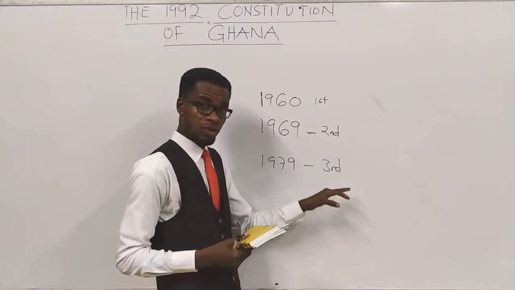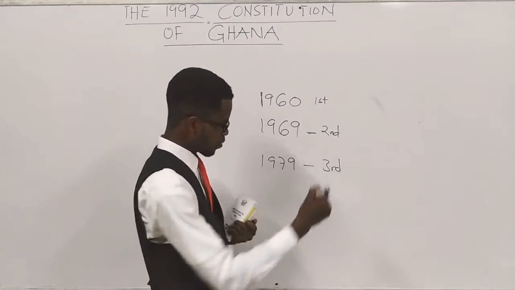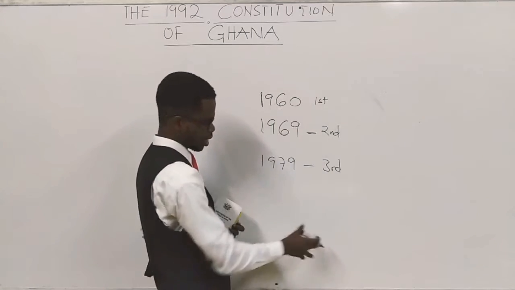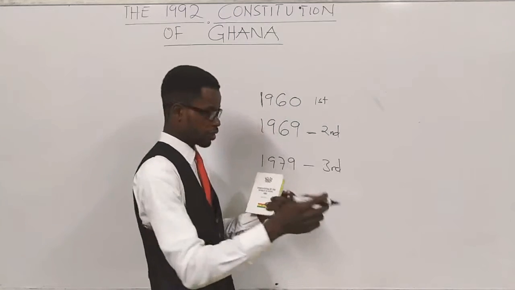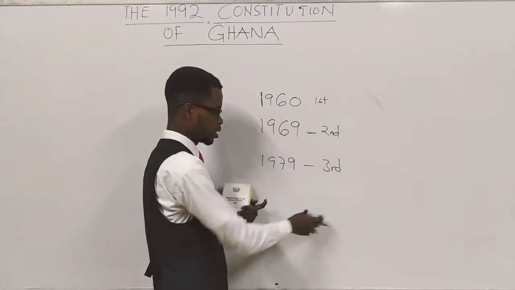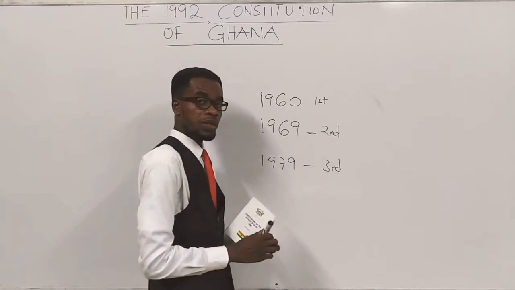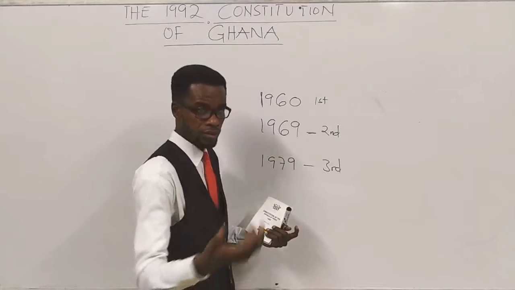That marked the beginning of the Third Republican Constitution. Then we had Rawlings himself taking power, being in charge. He came with the PNDC later on after the Armed Forces Revolutionary Council.